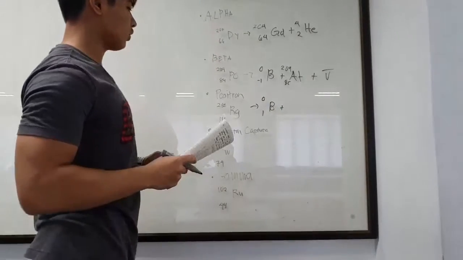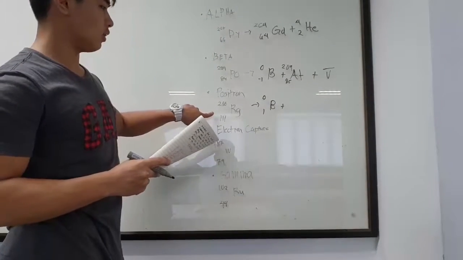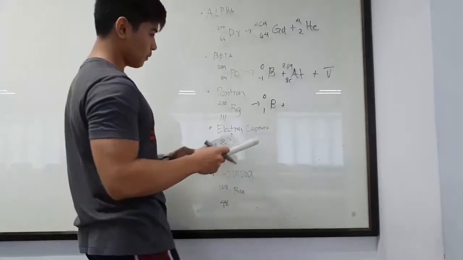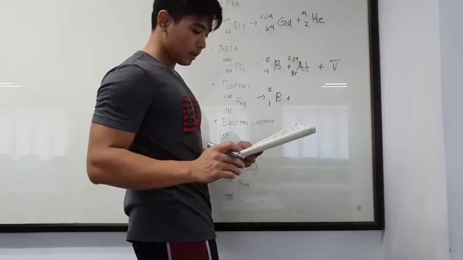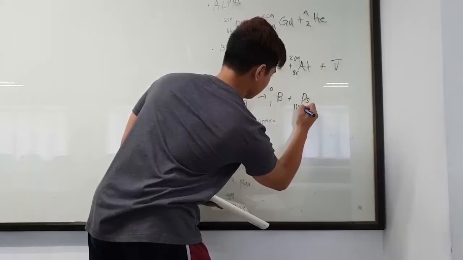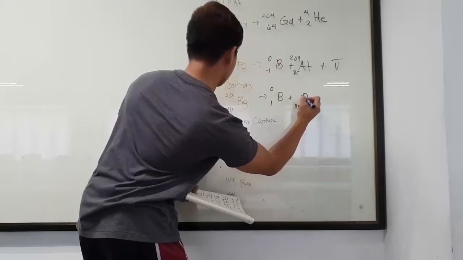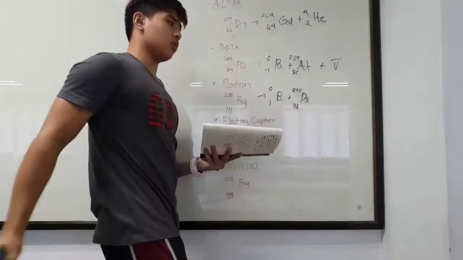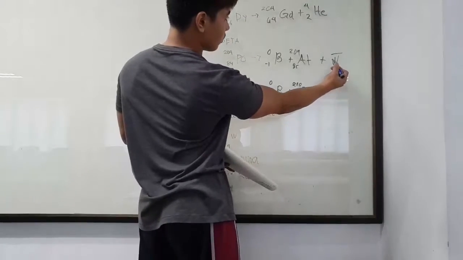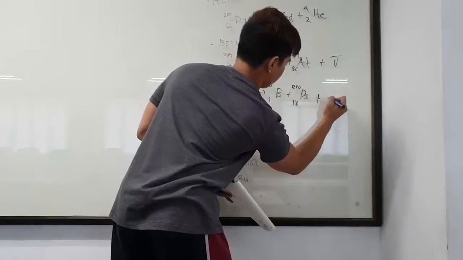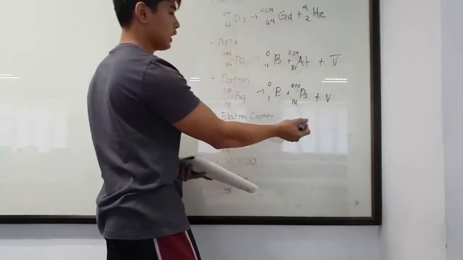Now we're going to look for the 110 atomic number in the periodic table, and that element is Ds, which has an atomic number of 110 and 280 atomic weight. And we must also do this, but we will not include the negative sign at the top. So it will be just like that.